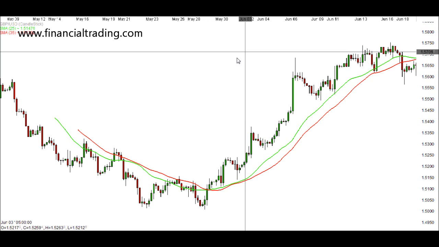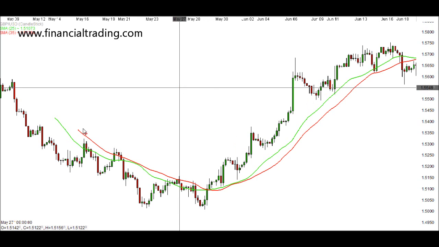For example, we are on a downtrend here. Our red moving average is above the green, meaning price is depreciating. Our crossover is right here. The green goes above the moving average from being below, and price changes direction.